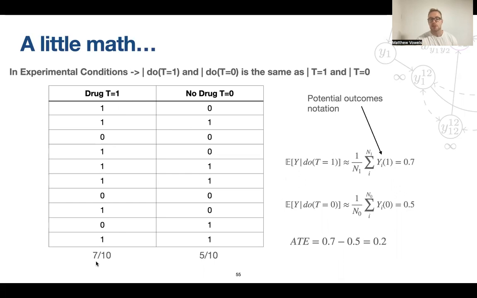We find it's 0.7. So the probability of recovery when you take the drug is 0.7, and we contrast that in exactly the same way for the group that didn't take the drug. The expected value of y is 0.5, compute the difference, and the average treatment effect is therefore 0.2. So this is just to show what happens if we did have access to experimental data. That's what our do notation is trying to tell us.